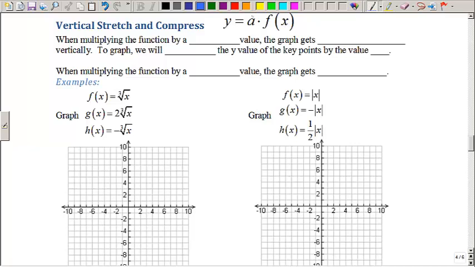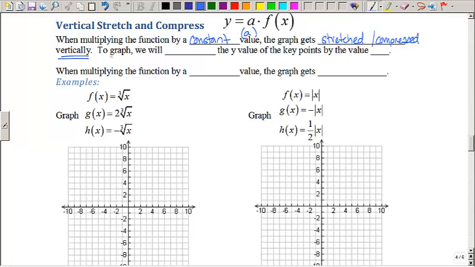In this case I'm multiplying to the function out in front. When multiplying the function by a constant value, which in this case we'll call a, the graph gets stretched or compressed. And this is getting stretched or compressed vertically.